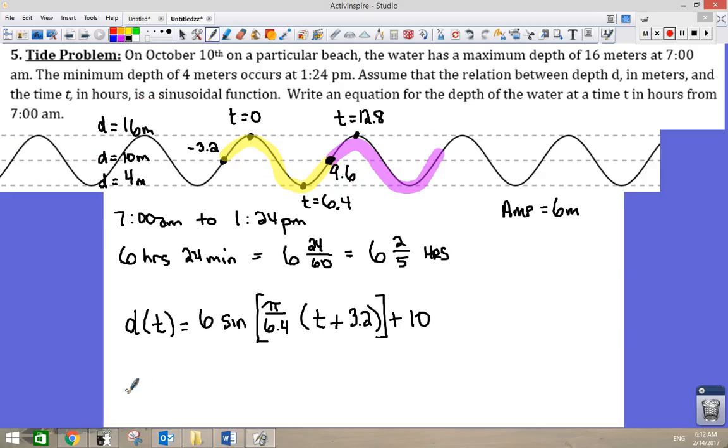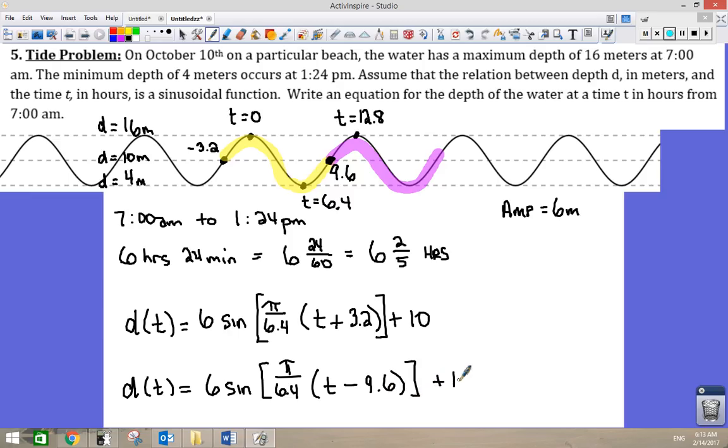We'd have the same graph can be written as 6 times the sine of pi over 6.4, but instead of the plus 3.2, we could go minus 9.6 plus 10. And if you were to graph these, it's the same graph.